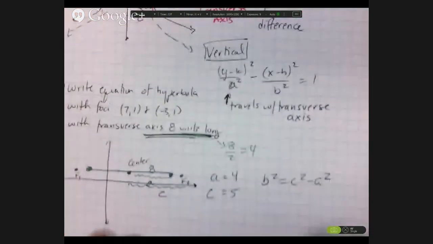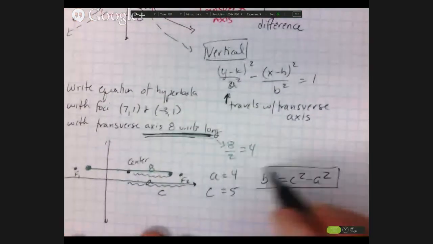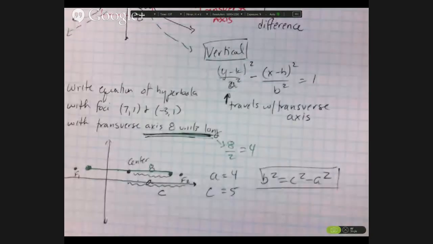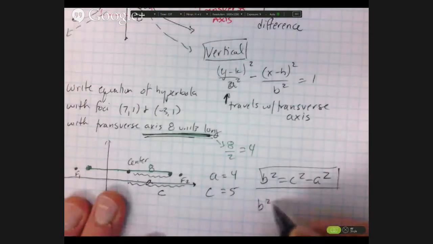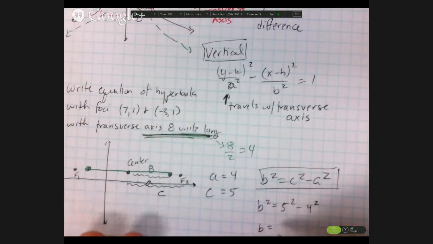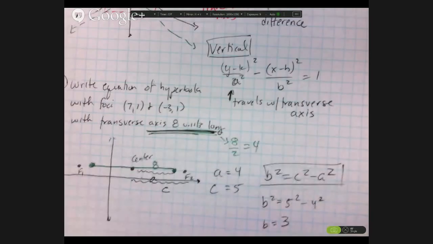B squared is C squared minus A squared. Okay. For ellipses, it was different. B squared is 9. Yeah. B is 3.